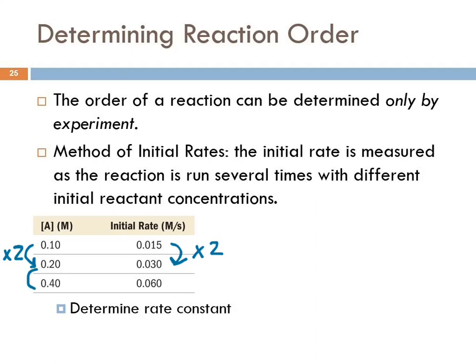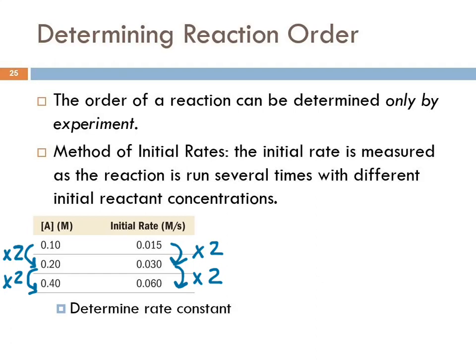And then here we doubled the concentration again, and what happened to the rate? It doubled. These numbers are relatively easy to look at and see that it's doubled, but you could just take 0.06 and divide by 0.03 and you'll get 2, right? So this is also doubling.